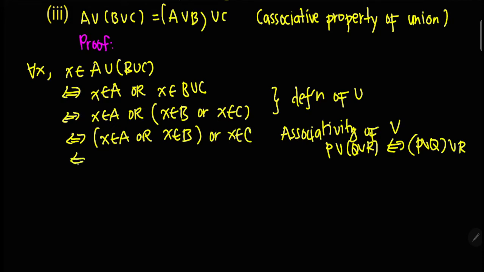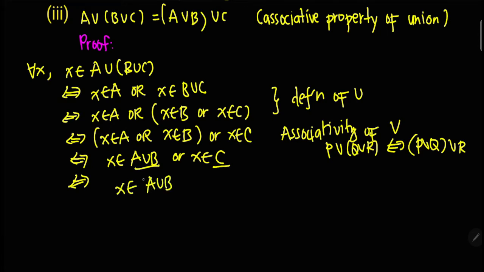But the first group means that x is in A union B. So let's just copy x is in C. Now, another application of the definition of union, since either x is in the first set or in the second set, we can say that x is in A union B, the first set, union the second set C. Both of them come from the definition of union.